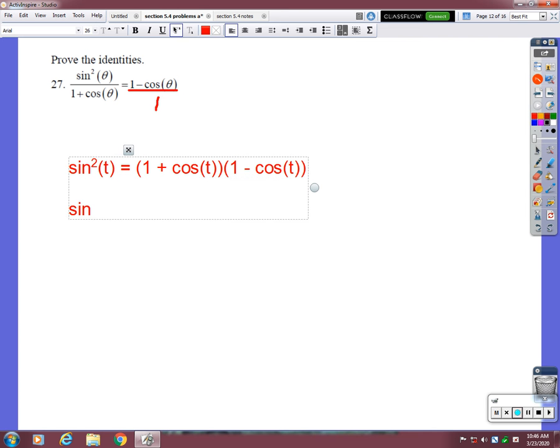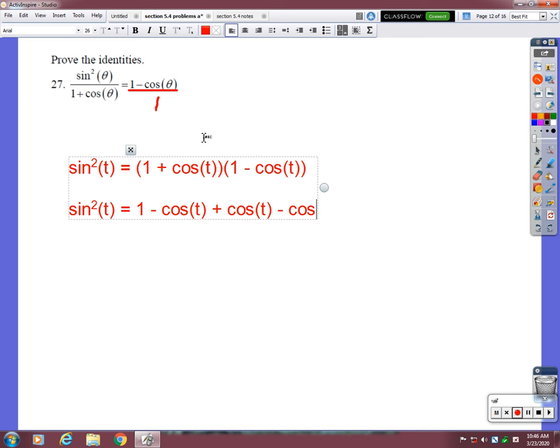Okay, so let's leave the sine squared on this side alone. And then let's FOIL this out. So first times first is 1. Outside times outside is minus cosine t. Inside times inside is plus cosine t.